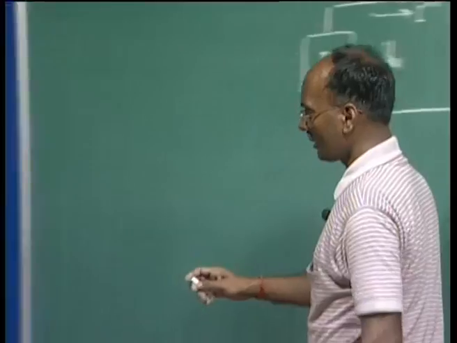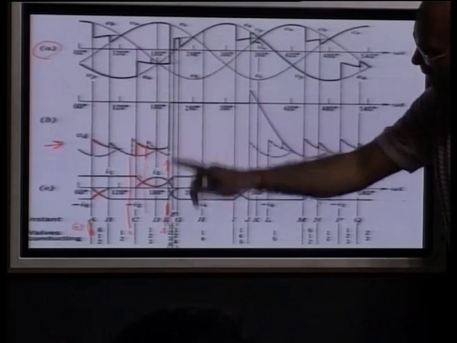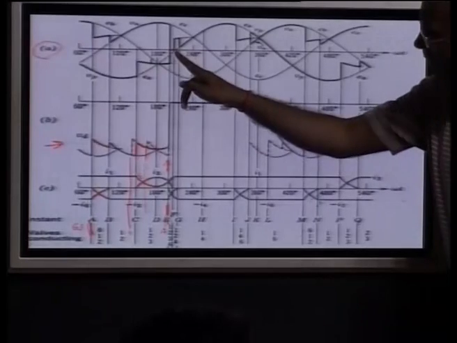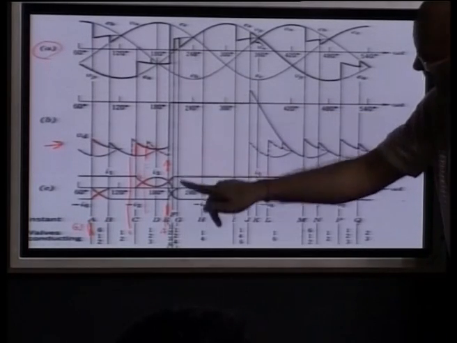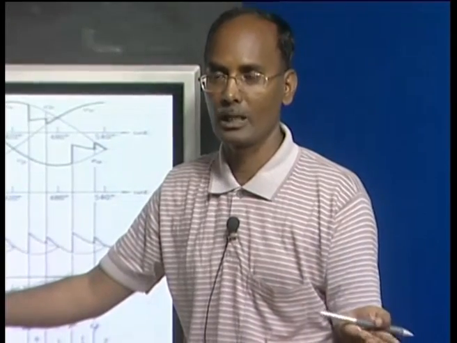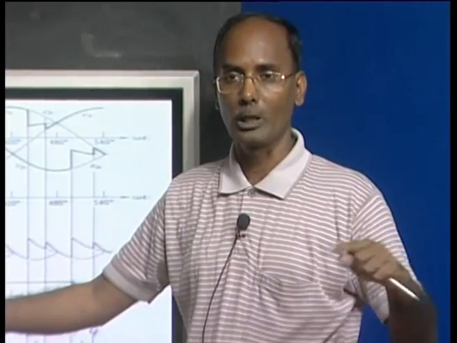So you can say that during this 1, 2, 4, the output is going to be 0. It is 0 during this period when commutation between 1 and 3 is unsuccessful, and now 1 has got the complete current. The lower one, 2 and 4, is still continuing.